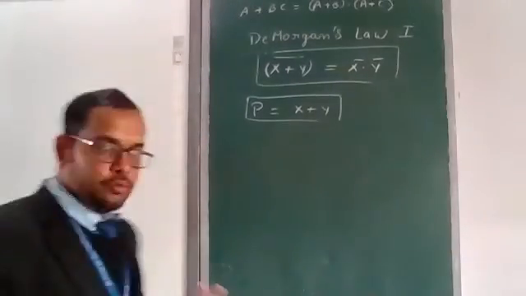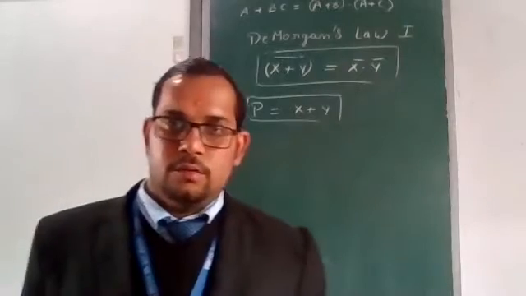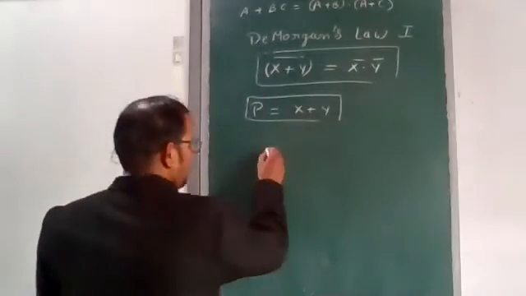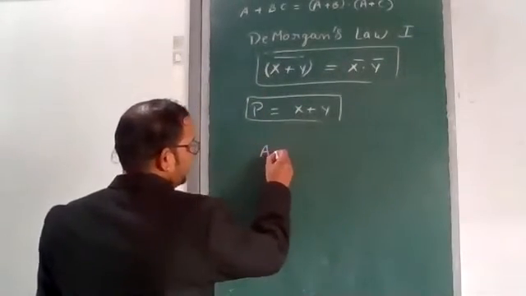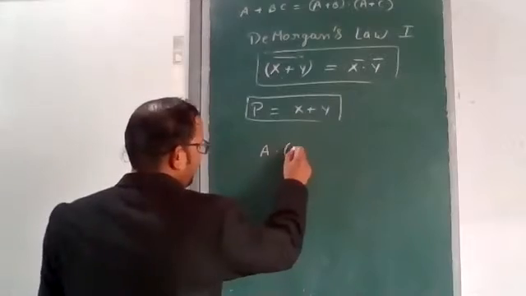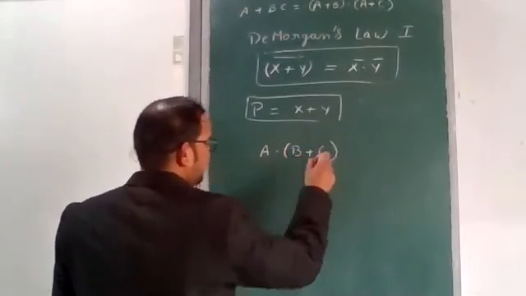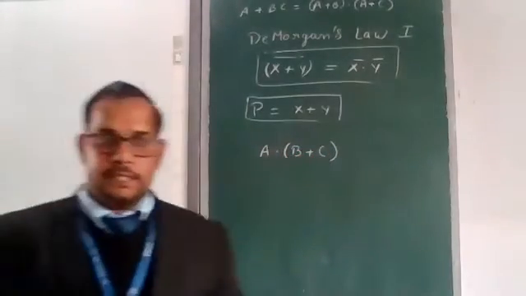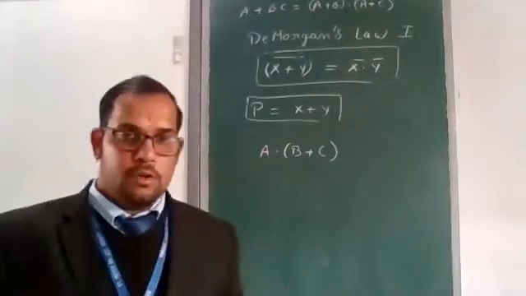We have two distributive laws. First, A dot (B plus C). This is the distributive first law.